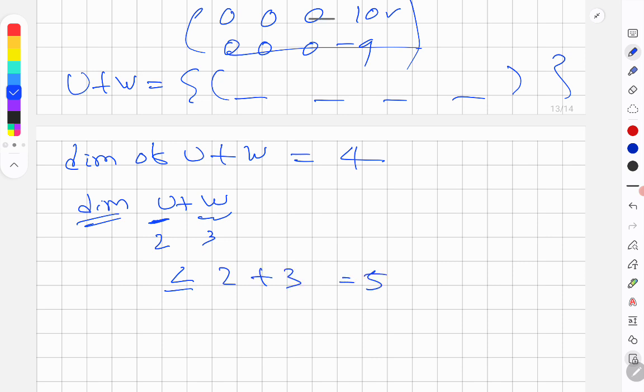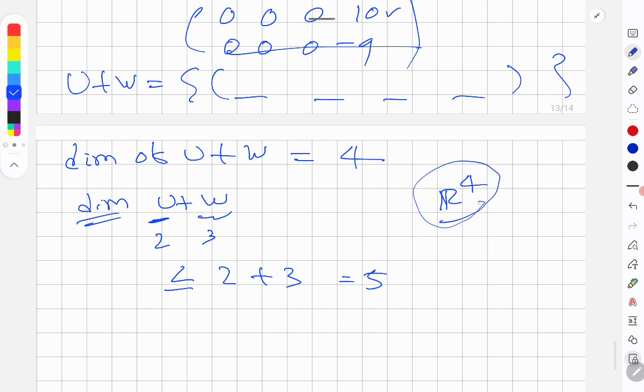But you have one more condition. All of these are in R4, right? So what is the maximum dimension for R4? This dimension is 4, right? So it cannot go above 4.